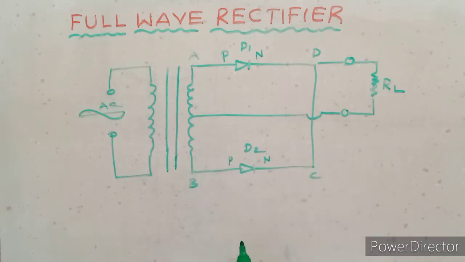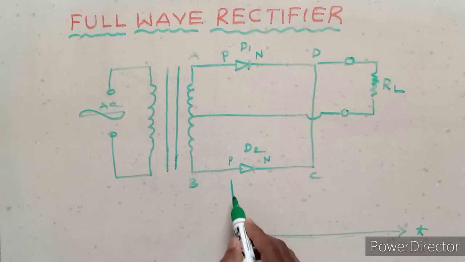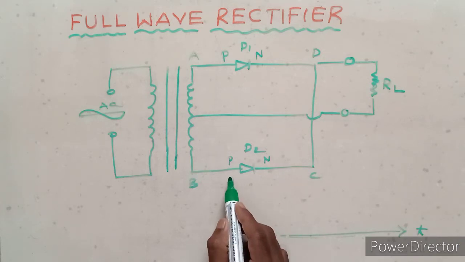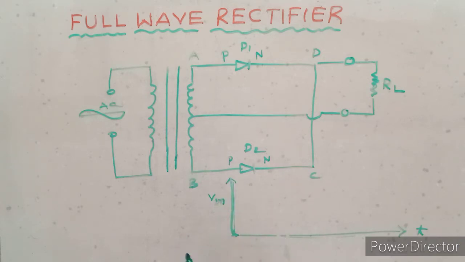So we observe the circuit in the power or voltage. This is the time. This is the maximum voltage. Here 0, pi, 2 pi, 3 pi.